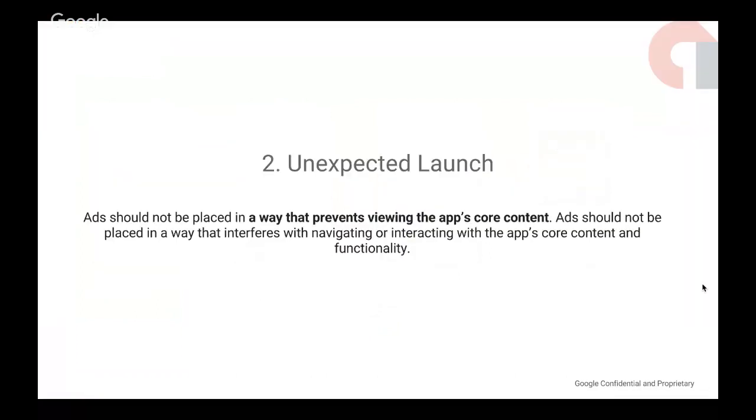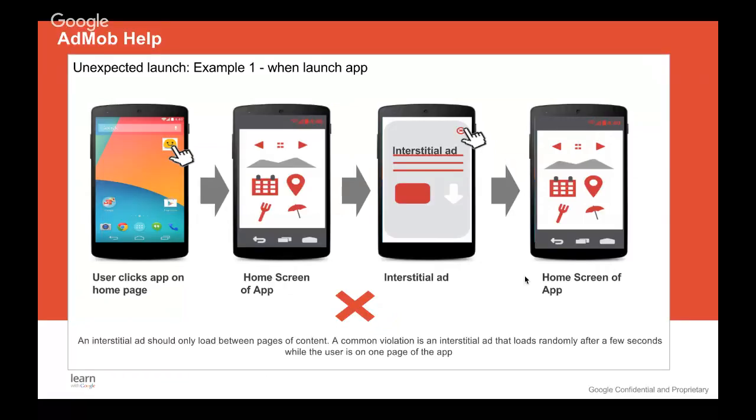The second common scenario is called the unexpected launch, mainly meaning a way that prevents the users from viewing the app's core content and launches an interstitial unexpectedly. Let's see an example to know the details. The first case happens when the user launches the app.